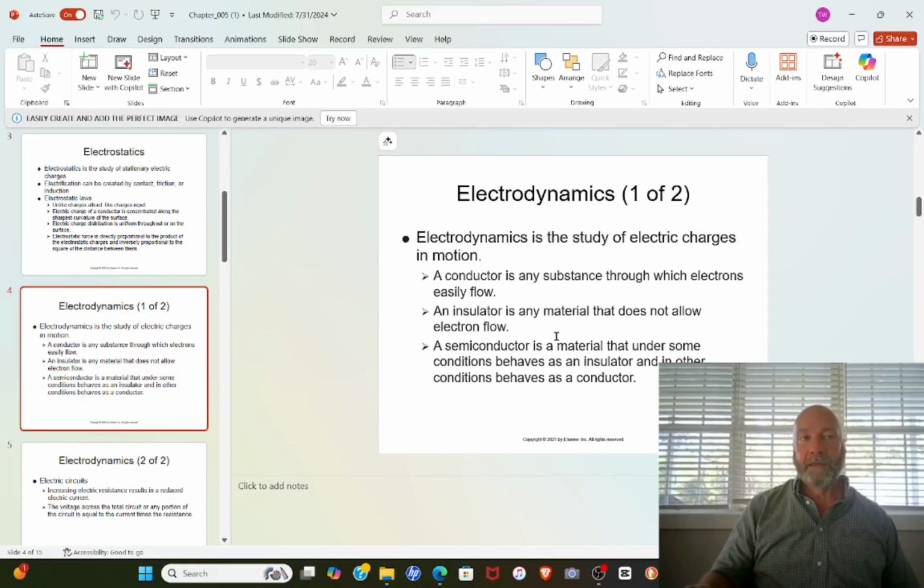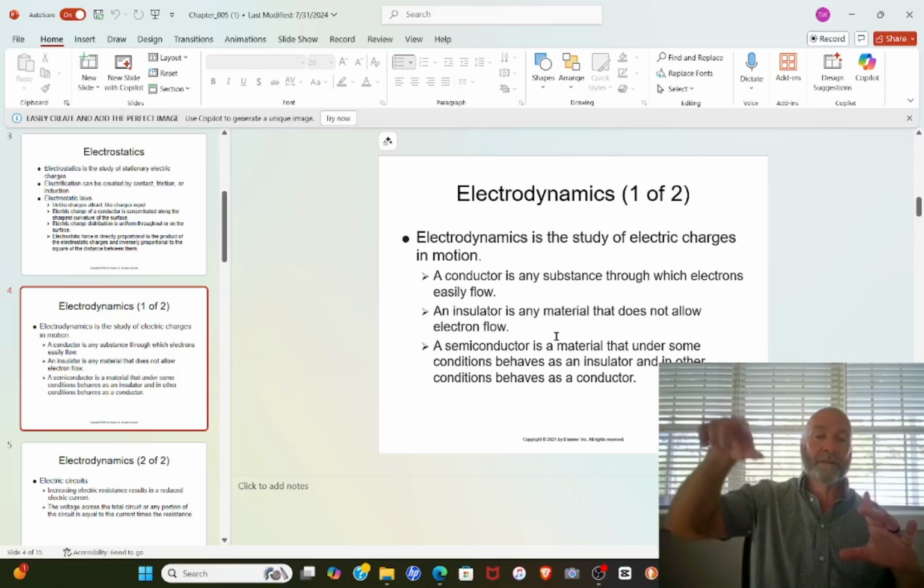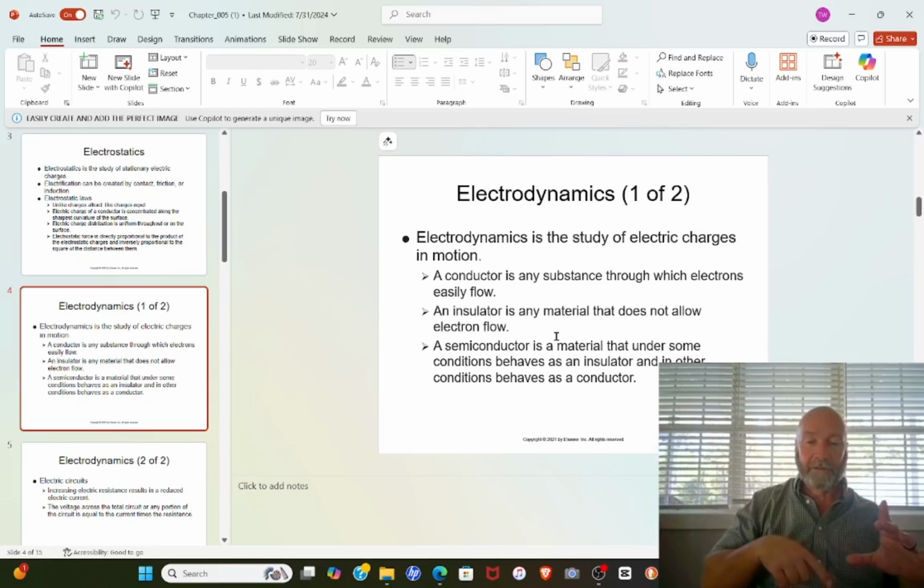The problem is that sometimes you'll have something that touches a conductor. So if something else that is also a good conductor touches a conductor, then you'll have what we refer to as a short circuit. What we have to have in a complete circuit is a place for the electrons to go in and a place for the electrons to go out.